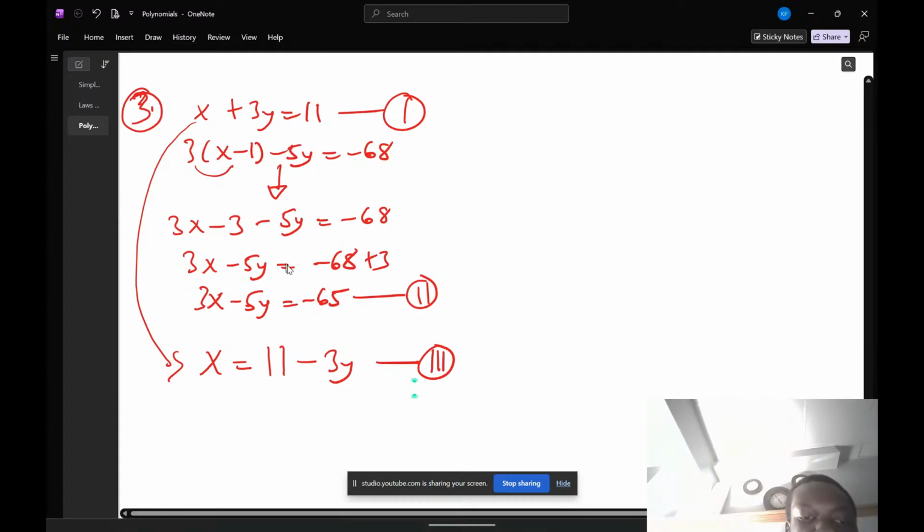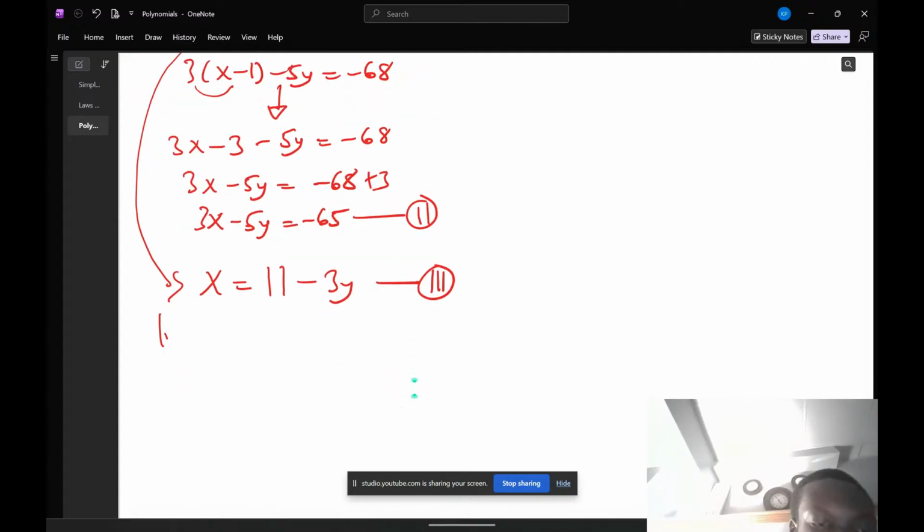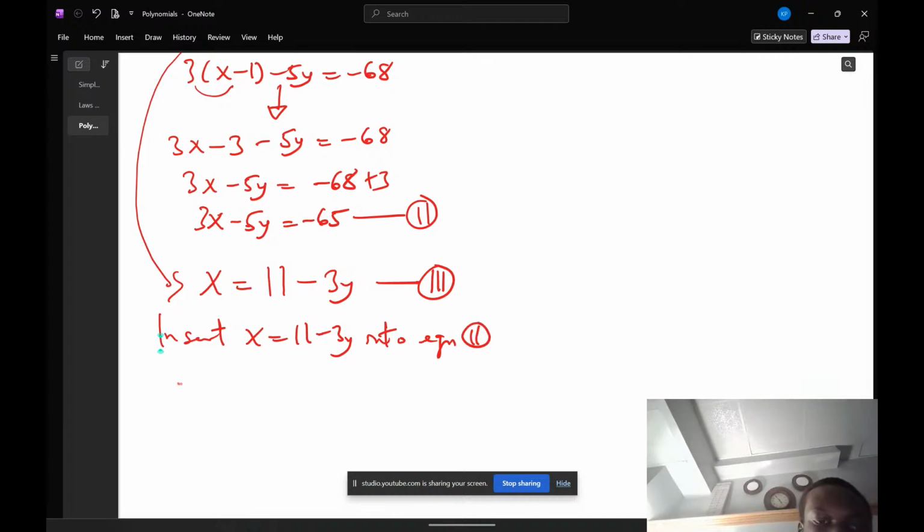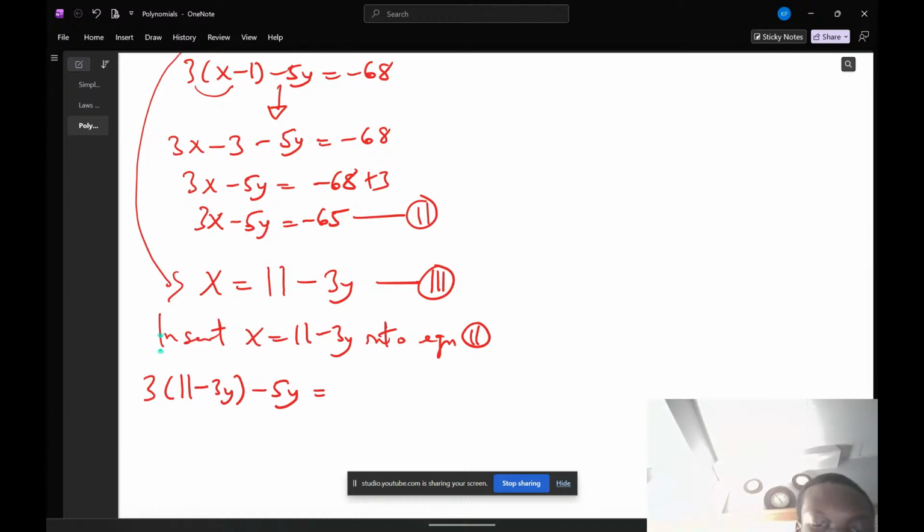Okay. So now let's insert x is equal to 11 minus 3y into equation 2. So that will be 3 into 11 minus 3y minus 5y is equal to minus 65.